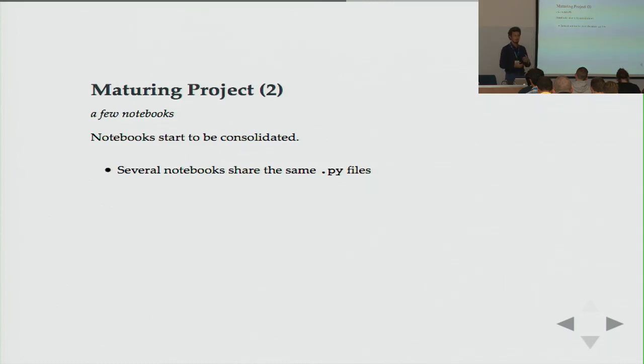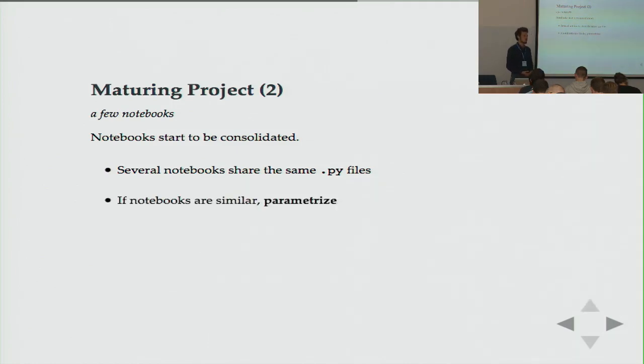So how do you deal with the projects that continue to grow and for which committing the full notebooks to Git is not a solution? You structure your work in a slightly different way. First, you have many notebooks that can share the same library files that you created before. These files live in the same folder as the notebooks and you import them, but they are shared from many notebooks, so you don't repeat yourself.